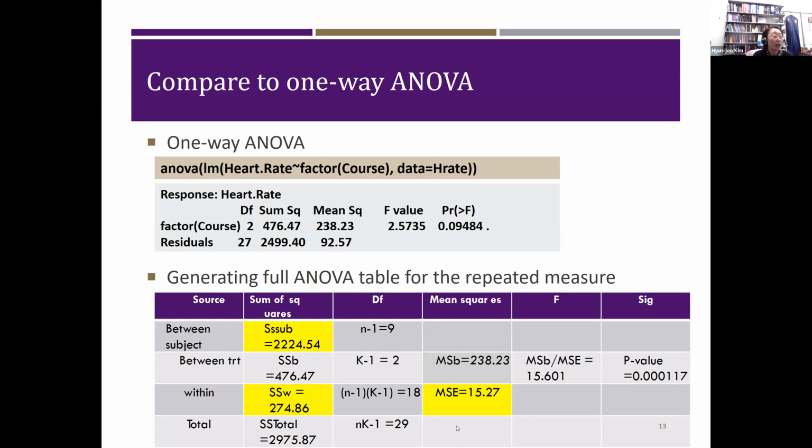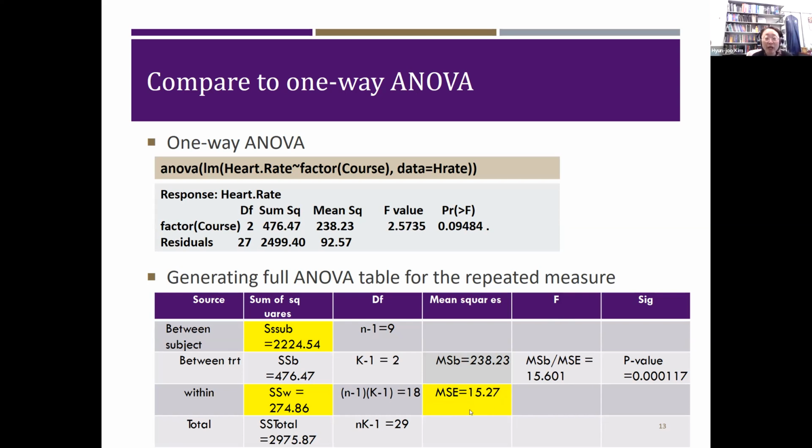Now we can calculate MSE for the repeated measure ANOVA table. F is defined as MSB over MSE. Using that equation, we can calculate our MSE as 15.27.